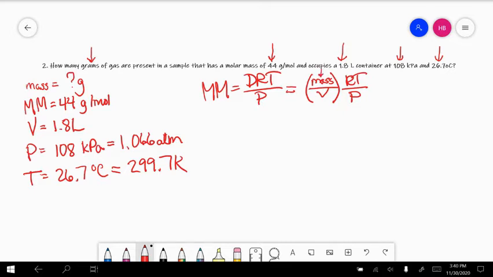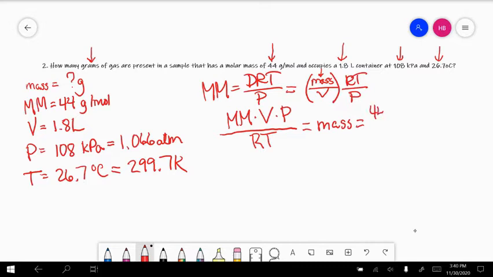So we can move volume over by multiplying each side by volume. We'll move pressure over by multiplying each side by pressure, move R and T over by dividing each side by R and T, and that's going to allow us to solve for our mass in grams.